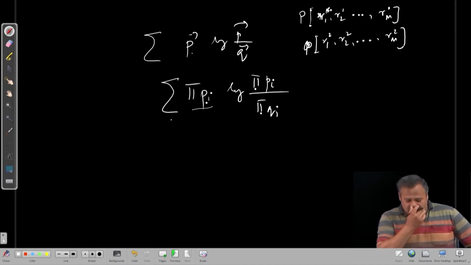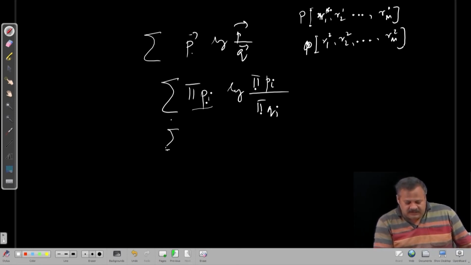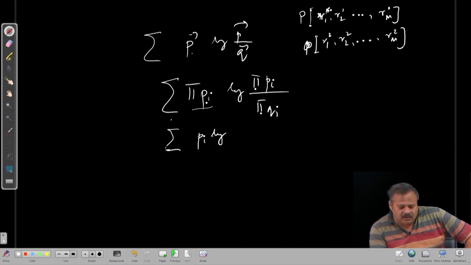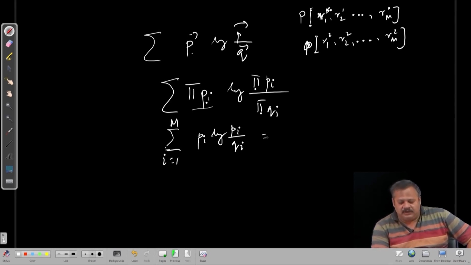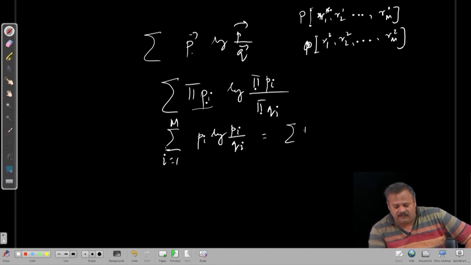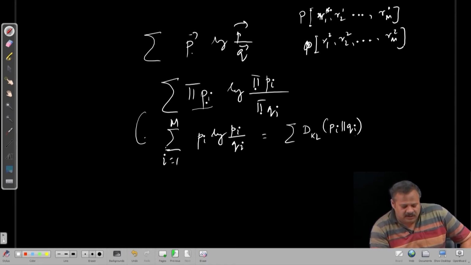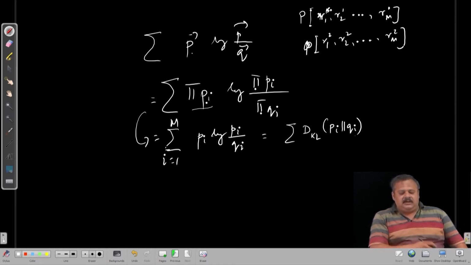I mean, the rest of them will weigh the whole thing out to 1. So this will turn out to be the summation of pi log pi by qi, summing over i equal to 1 to capital M, and so this will come out to be the sum of DKL of pi and qi. Going from here to here is algebra that you can do.